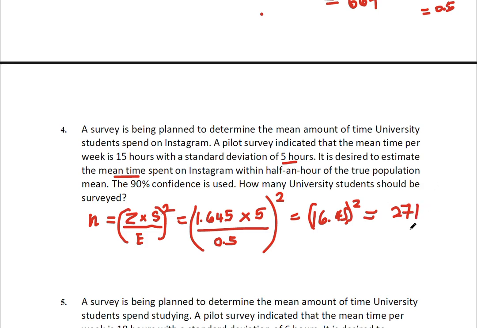So we need roughly 271 persons to participate in this survey in order to estimate the mean time that students spend on Instagram within a margin of error of half an hour, or 0.5, and a required confidence level of 90%. And that's how we do that.